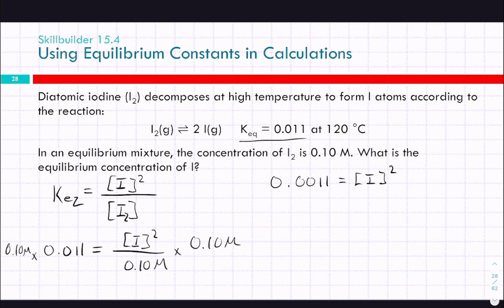To get I instead of I squared, we need to take the square root of everything. So we'll do the square root of 0.0011, the square root of I squared.